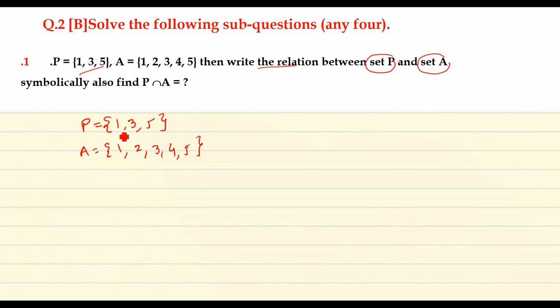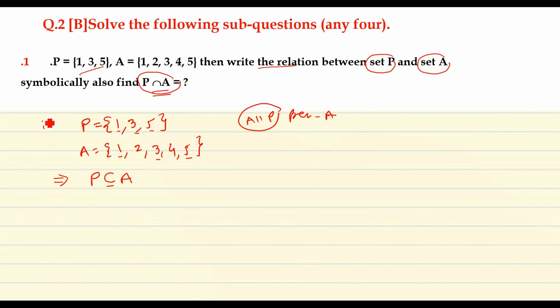If you observe, 1 is present in both sets, 3 is also present in both sets, and 5 is also present in both sets. This means all the elements of P are present in A. So symbolically I can write P is a proper subset of A. Now the question asks, what will be its intersection?